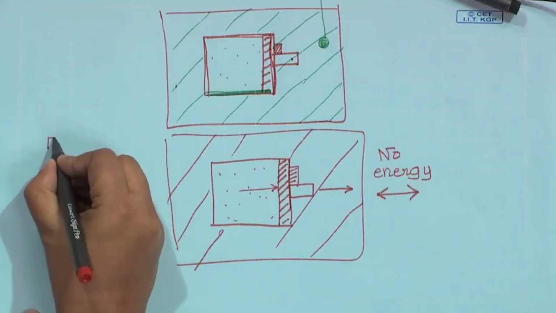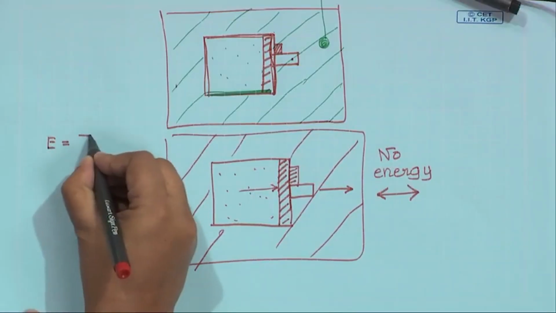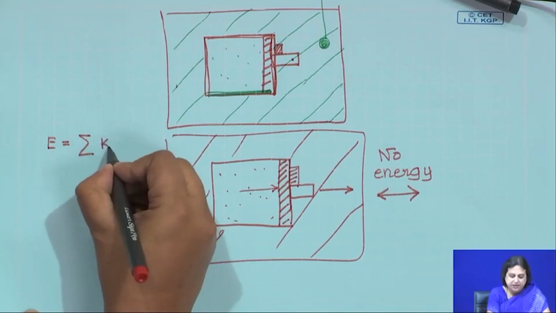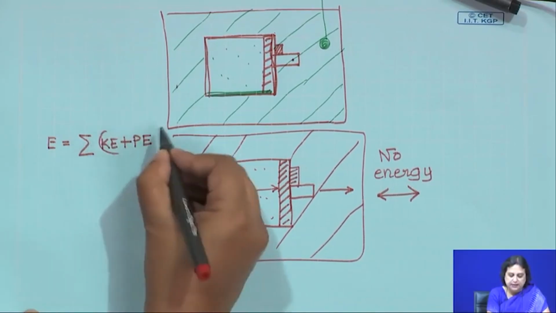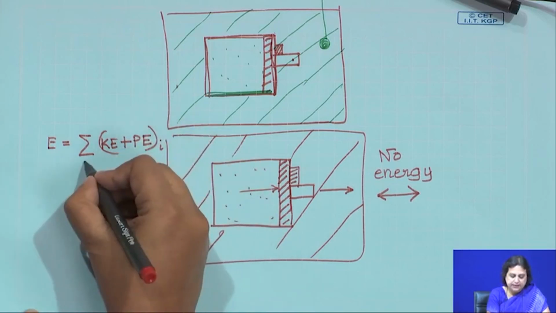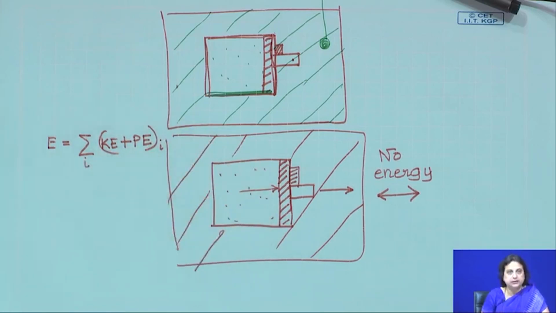In a molecular system, what would be its internal energy? The instantaneous energy of the system is going to be a summation over the kinetic energy and the potential energy of each particle that you have, and then summed over all possible particles.